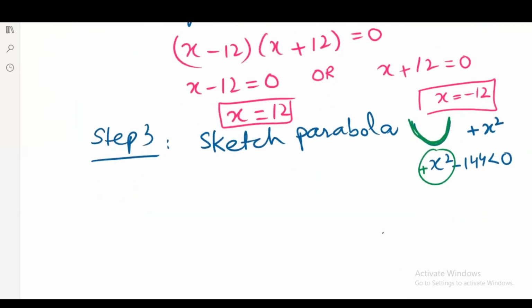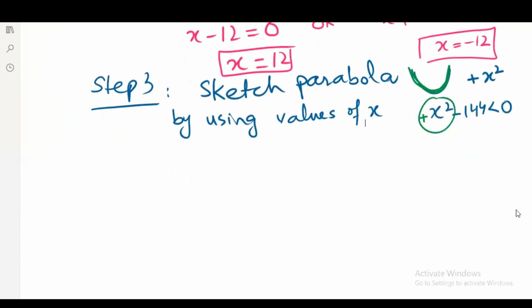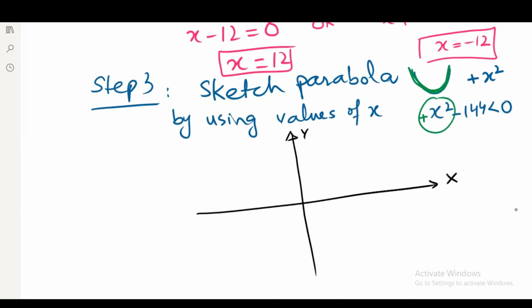Sketch the parabola by using the values of x. We have x equal to 12 and x equal to minus 12 here. This is the y-axis, this is the x-axis, 0.